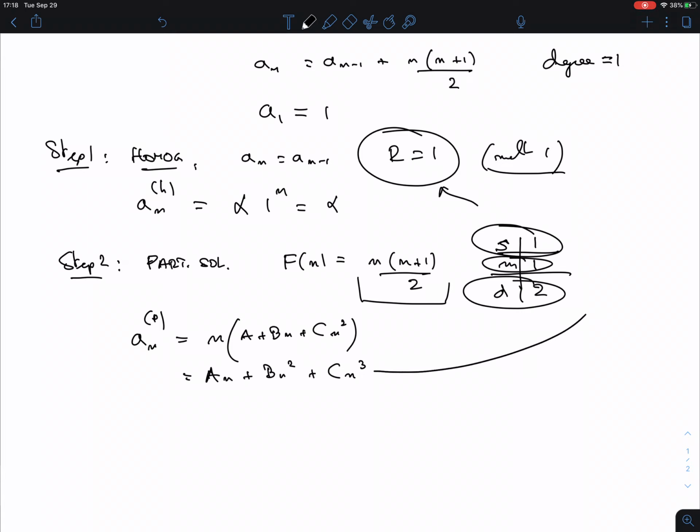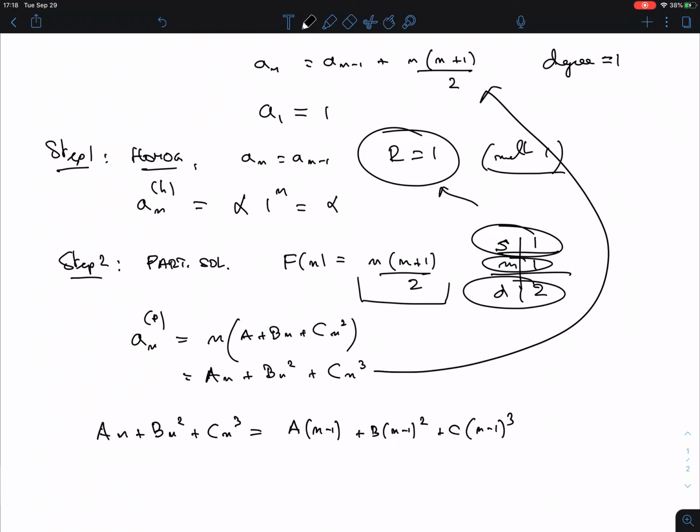What we need to do is plug this in there, right? So we get an plus bn squared plus cn cubed is equal to a(n-1) plus b(n-1) squared plus c(n-1) cubed plus n(n+1)/2.